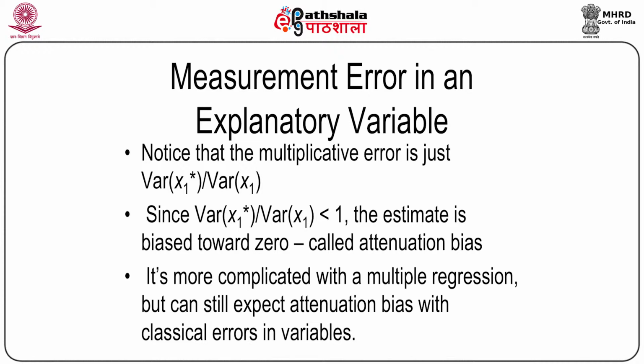Since the variance of x1 star divided by the variance of x1 is less than unity, the estimate is biased towards 0, which is called the attenuation bias. It is more complicated than with a multiple regression, but we can still expect attenuation bias with classical errors in variables.